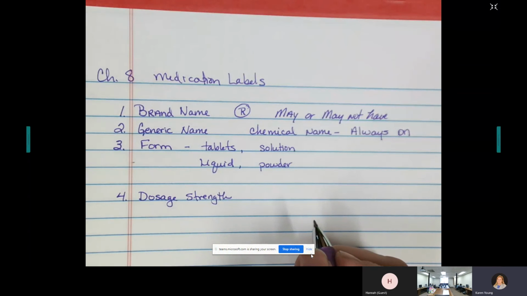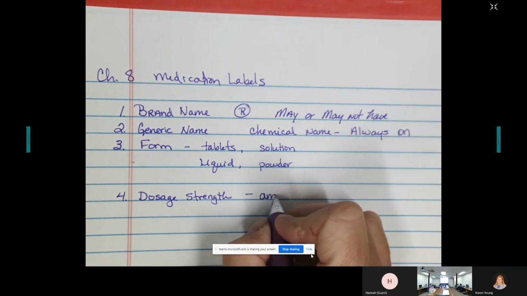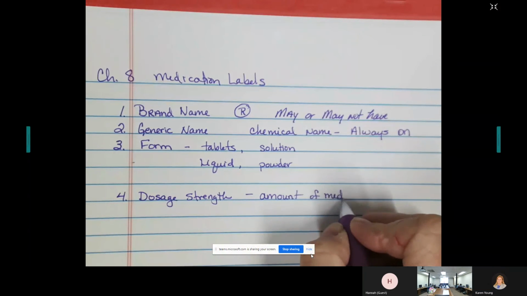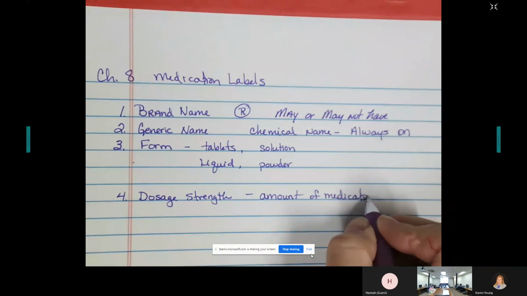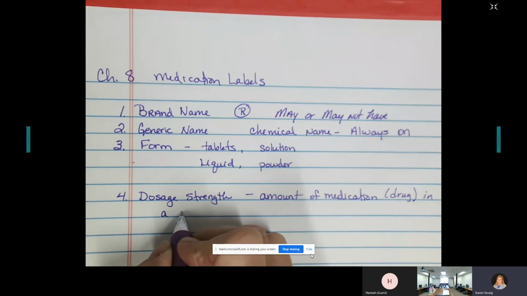And the dosage strength may be, well, it's always the amount of medication or drug in a specific unit of measure.